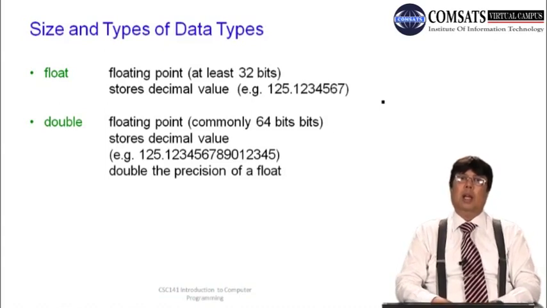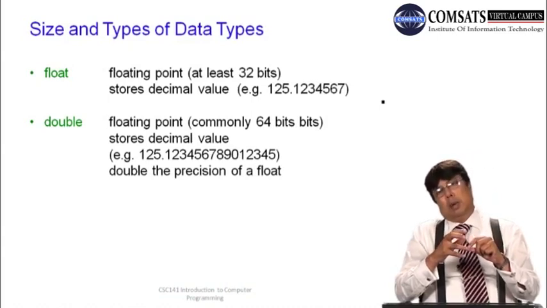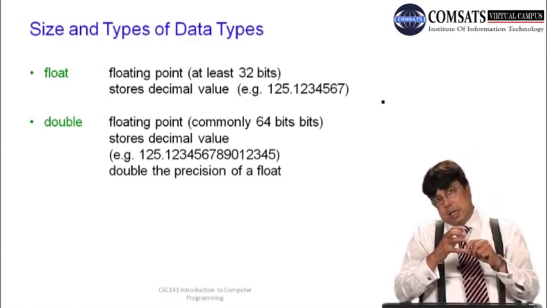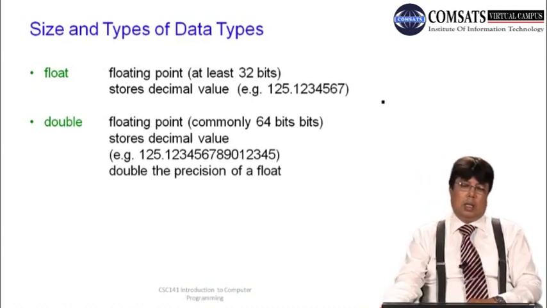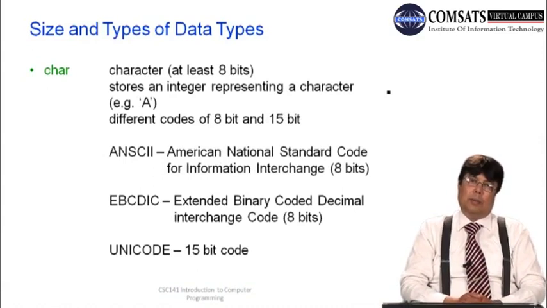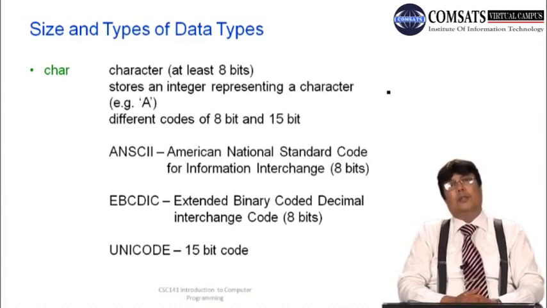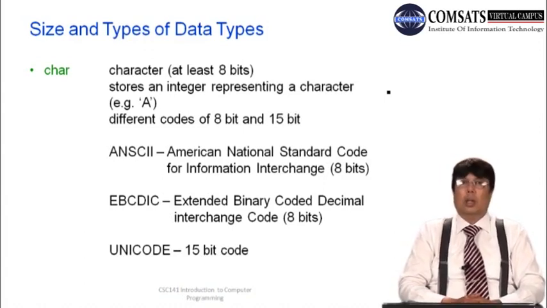So quickly, we have defined the data types integer, float, double, character, and void. So let us talk about character. You can define a character in an 8-bit character size. There are different codes which are used to define a character.